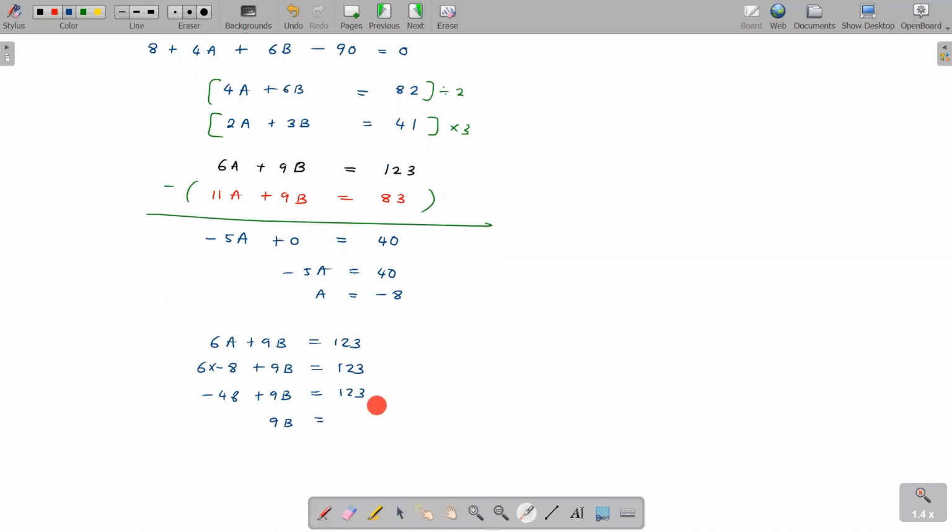So 123 plus 48 is 171. Now divide 171 by 9. What do we get? 171 divided by 9 is 19. So this is your a and b value. Is that clear?